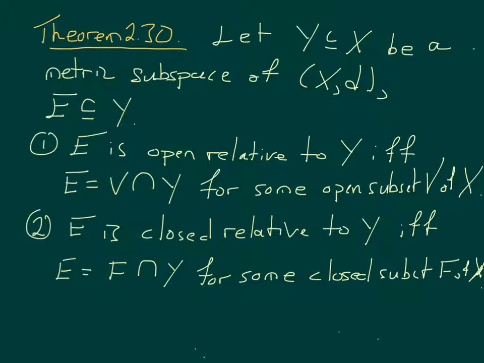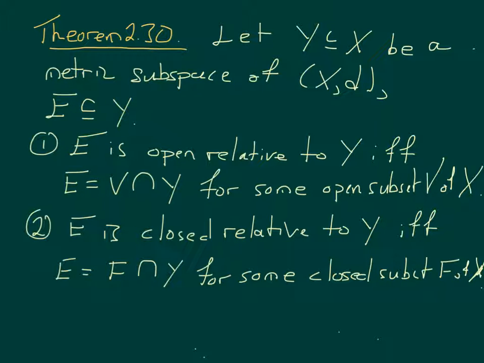It's saying that the open subsets of a metric subspace are precisely the intersections of open subsets of the full space with Y, and the closed subsets of Y are exactly the intersections of closed subsets F of X with Y.